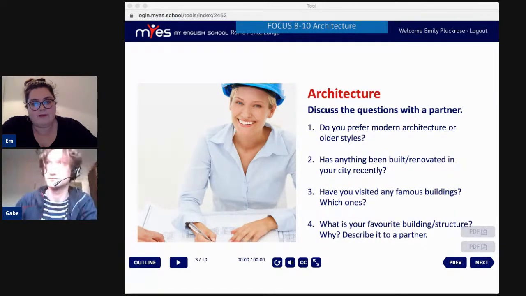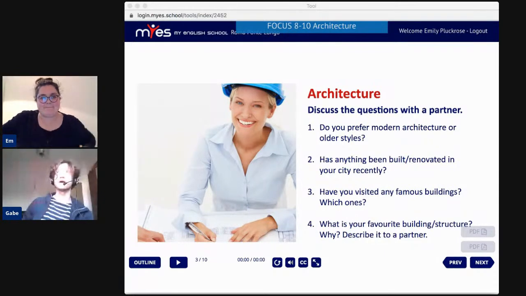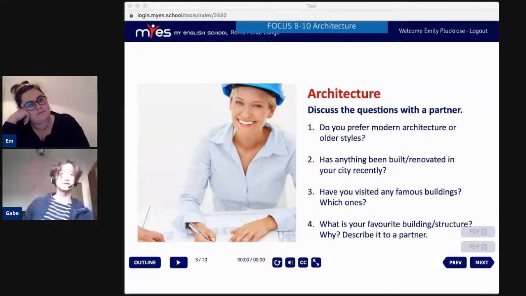Do you have a favorite building, Gabe? Not a particular one, no. I mean, I used to love some of the old stave churches in Scandinavia, and some of the churches that have been constructed in.